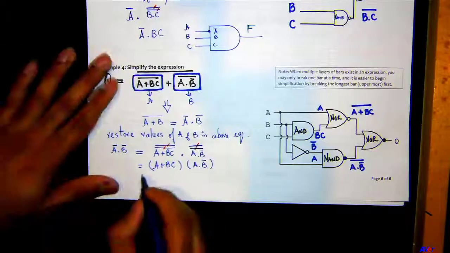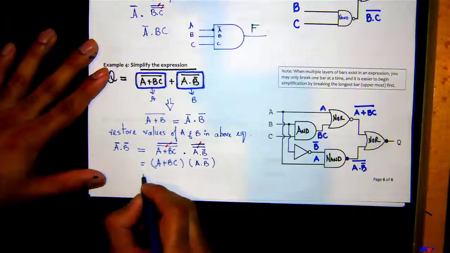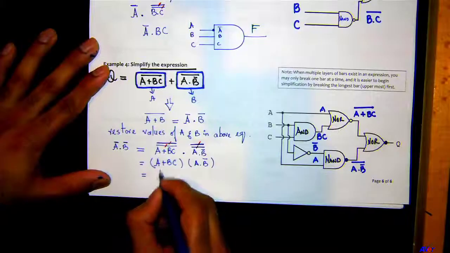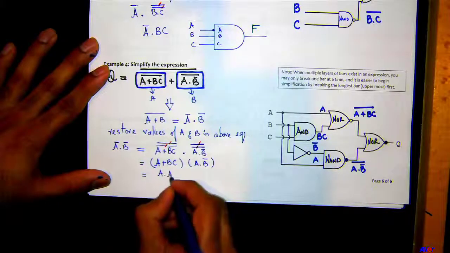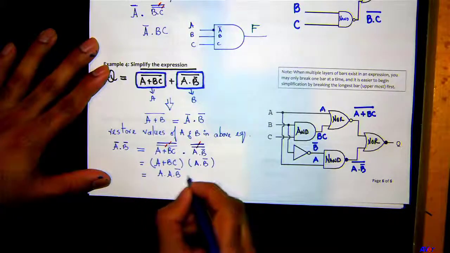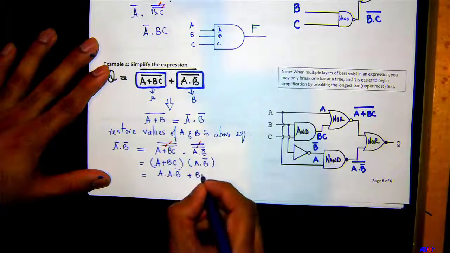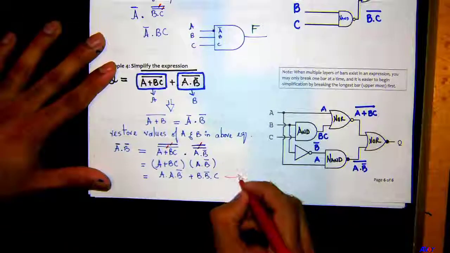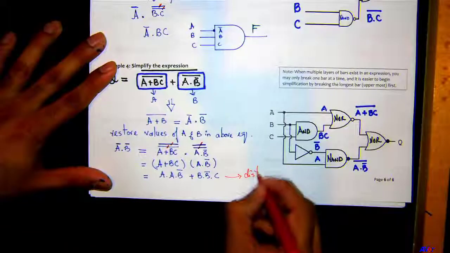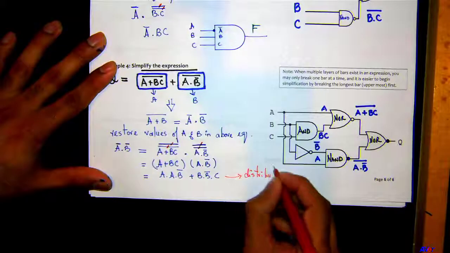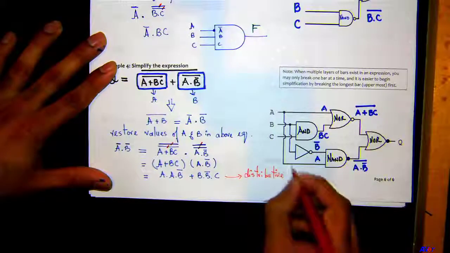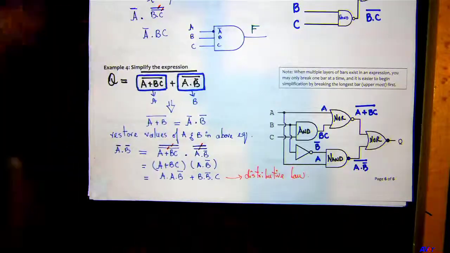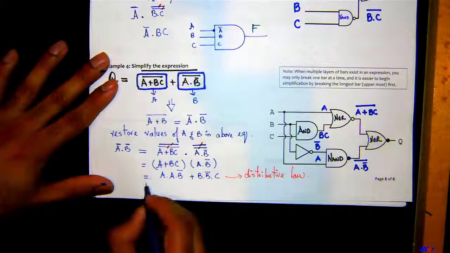I can just apply distributive law here and open these brackets, so I get A dot B bar plus B dot B bar dot C. Okay, what else can I do here?